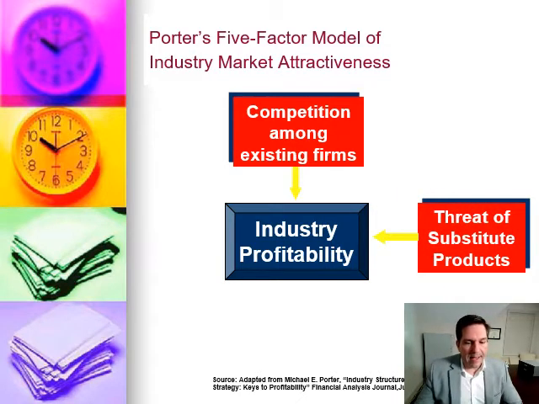What else? Also, industries where there are a lot of substitute products tend to be less profitable, right? So, for example, if you're talking about coming up with a vaccine for COVID, there are not a lot of substitutes for that product. The reason is that other than not being exposed to the disease, there is not a lot that you can do to treat it, at least so far.